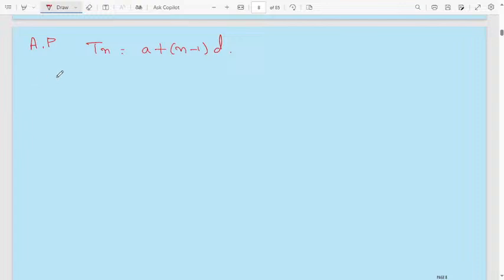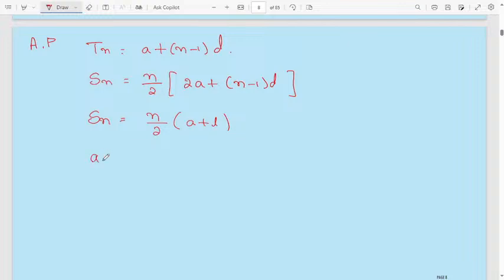For the sum of n terms, Sn is n by 2 into 2a plus n minus 1 into d. If they are given the last term, the sum is n by 2 into a plus l. Then sometimes we use Sn minus Sn minus 1 to find an.